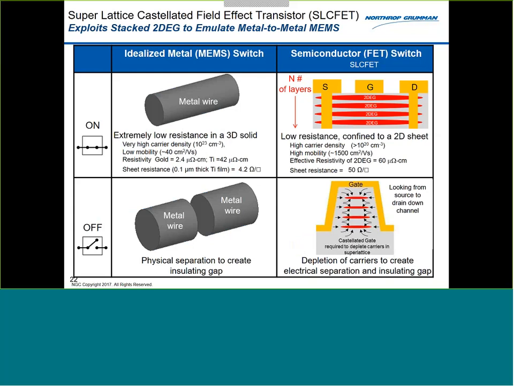Normally with any of these HEMT structures, you have a barrier between where your electron conduction is and the gate. In this structure, we're etching those sidewalls, and the gate is then right on top of there potentially, which would give a leakage path if we didn't have an insulating material.